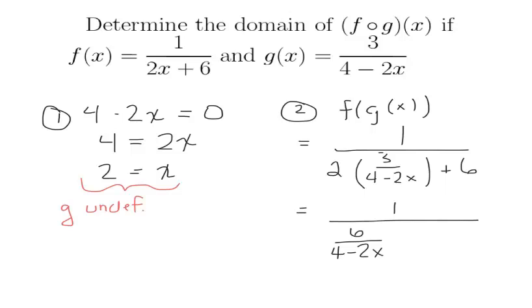And I'm going to change this 6 over here so that it has a common denominator of 4 minus 2x. So inside of our numerator, we're going to have 6 times 4 minus 2x. And then it's going to be up to us to do this distribution of the 6 to the 4 and to the negative 2.